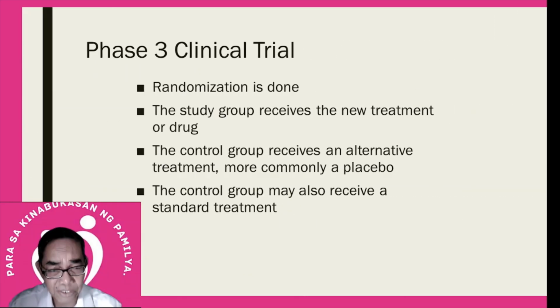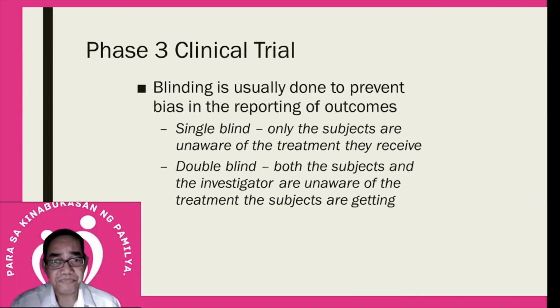And there is randomization. The study group receives the new treatment, the control does not. Or the control group receives a placebo, only if the disease has no known treatment yet. The control group may also receive a standard treatment.